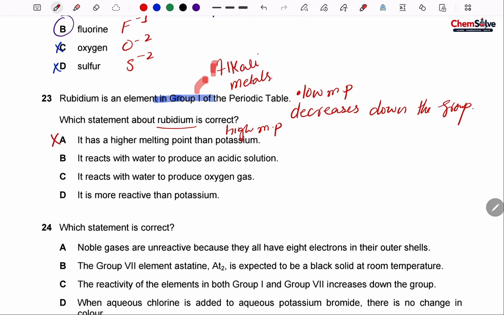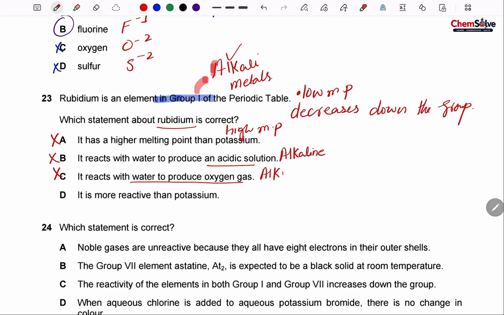Okay. It reacts with water to produce an acidic solution. Wrong. Because I have already mentioned they are alkali metals. So when they react with water, they produce an alkaline solution instead. Okay, option C, it reacts with water to produce oxygen gas. Again, incorrect.